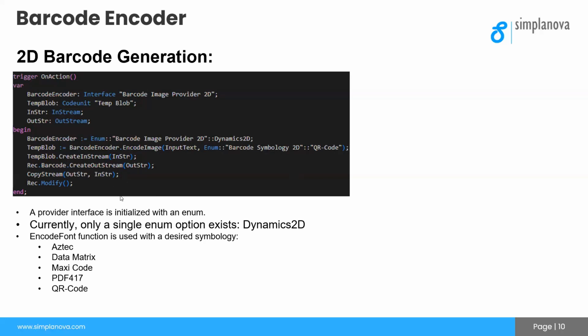Then we assign a temp blob with the barcode encoder with the procedure EncodeImage. We add the input text that we want to convert, and we choose the symbology. In this case, I chose QR code, which is quite a common one. And then we just use streams to save the barcode. So let's try to see this in action.